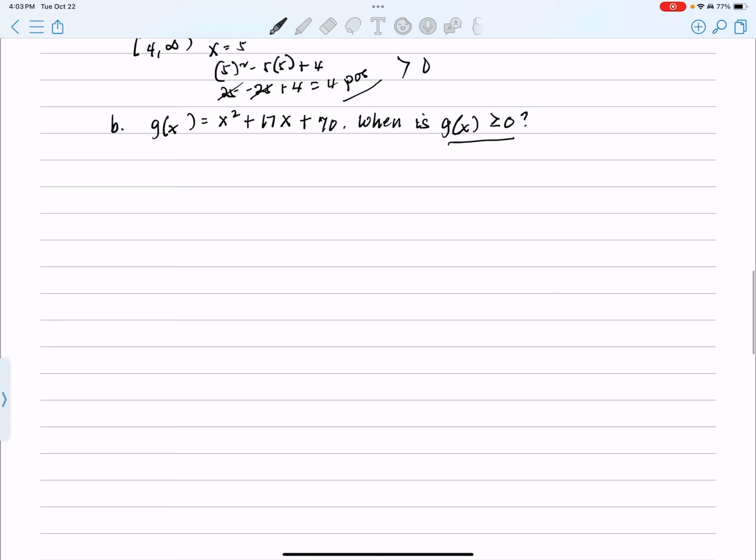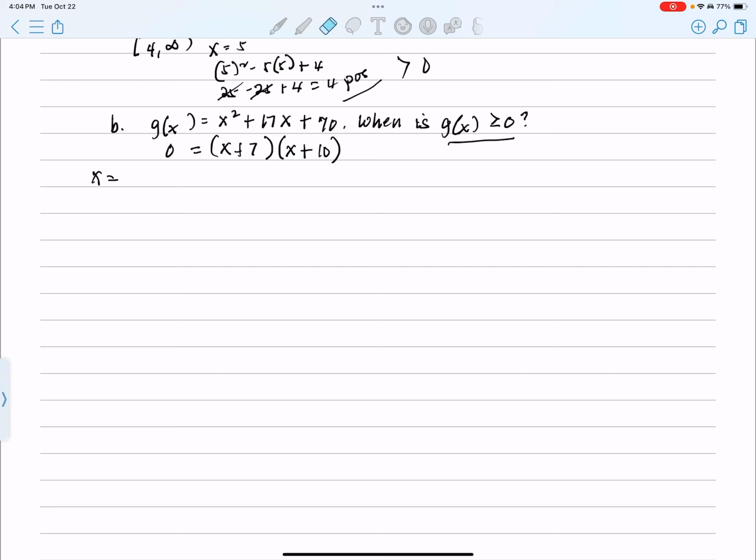Let's look for our zeros first. By factoring the given, this will be all positive, so no problem. x plus 7, and then x plus 10. Okay, 10 plus 7 is 17, which comes out as the middle term.